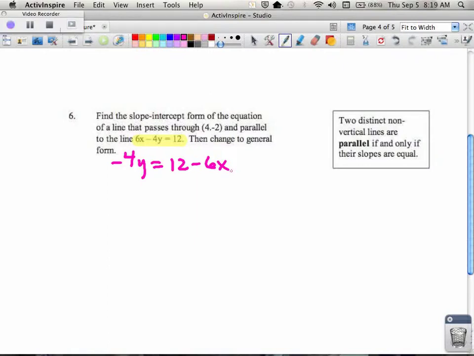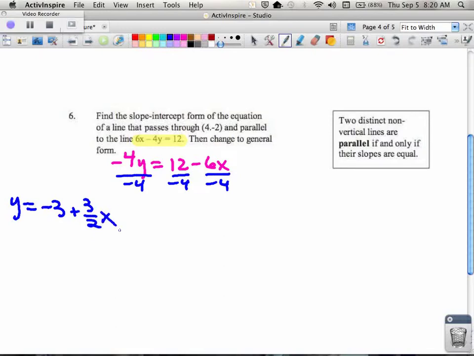So all I've done is move the 6x to the right-hand side. If I divide every single piece by that negative 4, my equation that I end up with is y equals negative 3 plus 3/2 x.